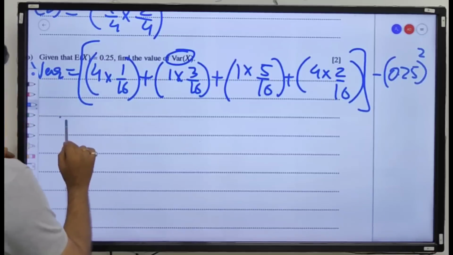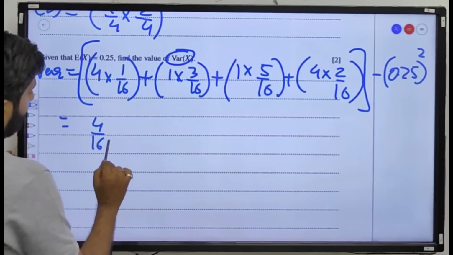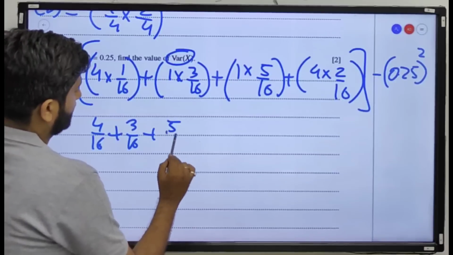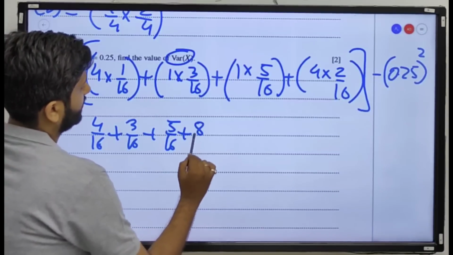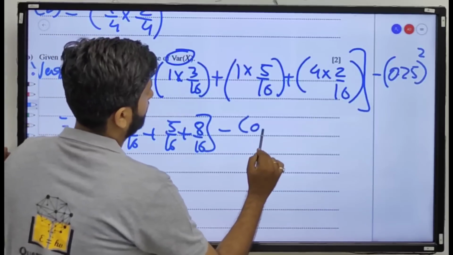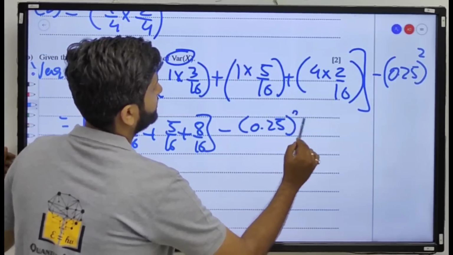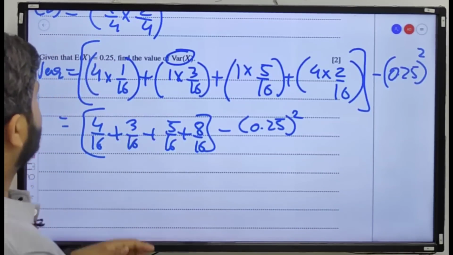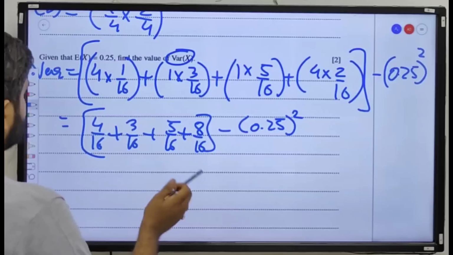So let me calculate this. I think this is 4 by 16 plus 3 by 16 plus 5 by 16 plus 8 by 16 minus 0.25 square. 4 plus 3 is 7, 7 plus 5 is 12, 12 plus 8 is 20.